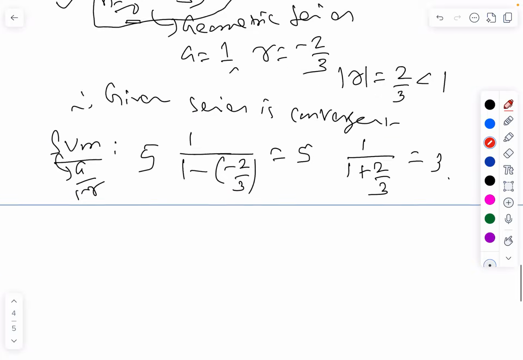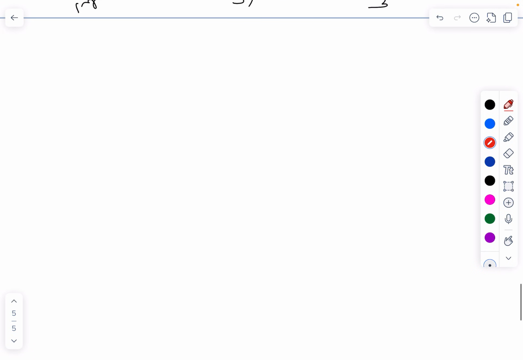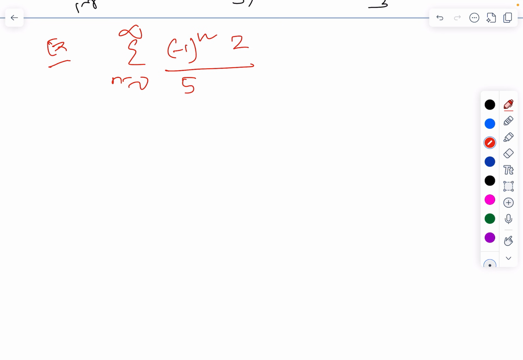One more example, let us see. Find the convergence of series n equal to 0 to infinity minus 1 power n, then 2 over 5 and 3 power n, like this. Okay.